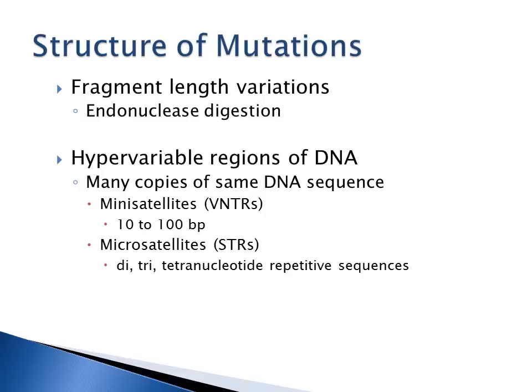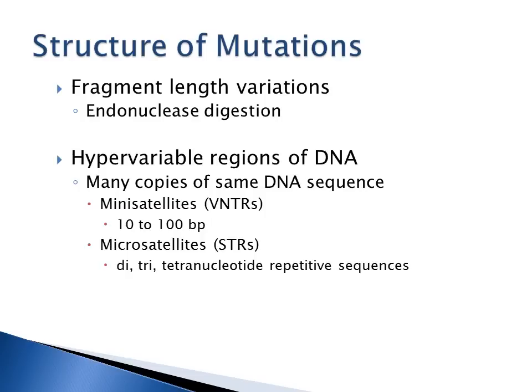What we look for are minisatellites and microsatellites. Minisatellites, or VNTRs, which stands for variable number tandem repeat, are repeat sequences usually between 10 to 100 base pairs in length that repeat over and over in different numbers.